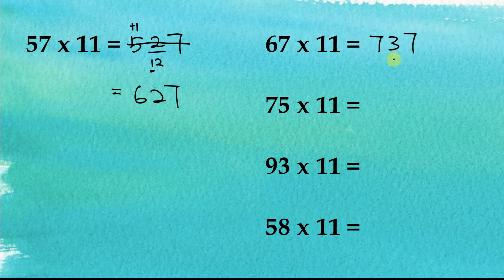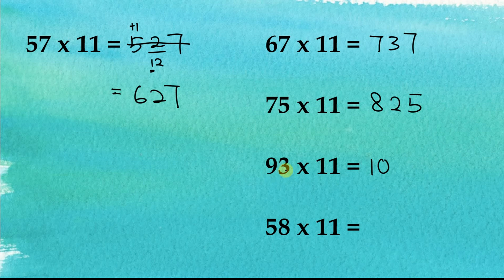So 737. Okay, 75 multiplied by 11. Again, the sum is more than 9, so the first digit is 8, not 7. And 7 plus 5, we have 12, so the middle digit is 2, and the last digit is 5. Okay, again, 93 multiplied by 11. The sum is more than 9, so therefore this is 10.